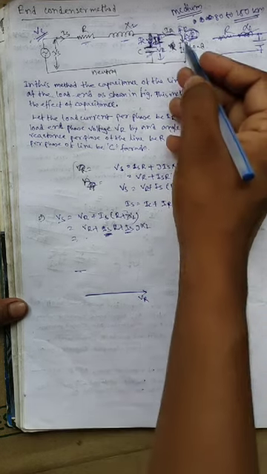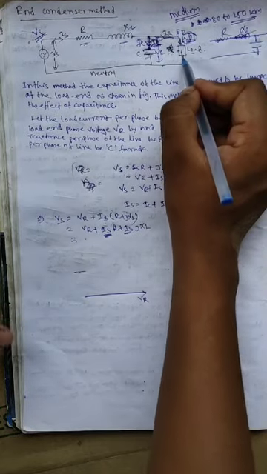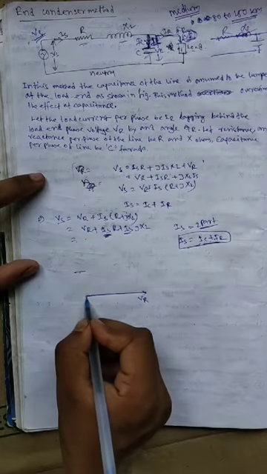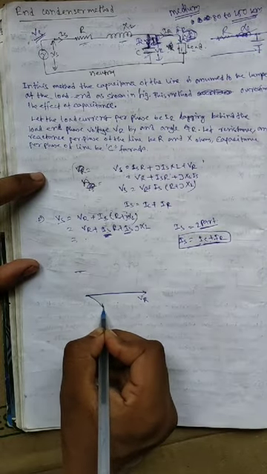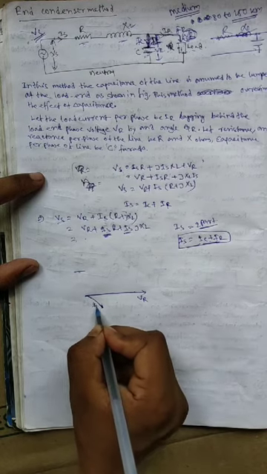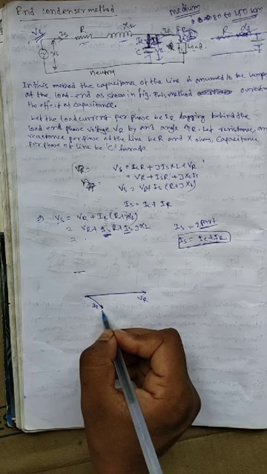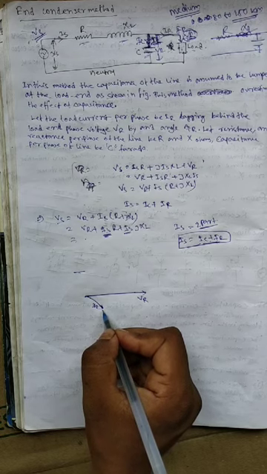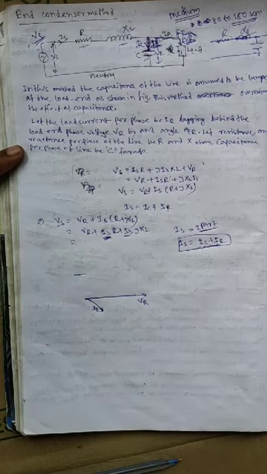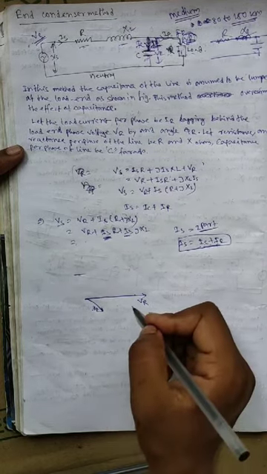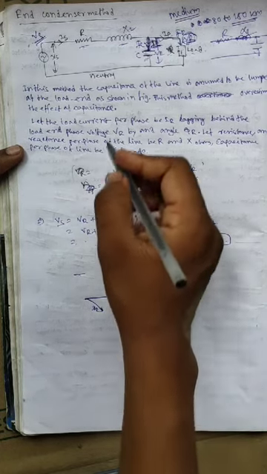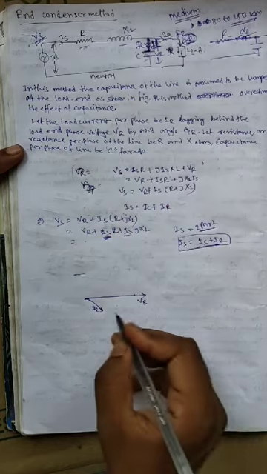If we consider an inductive load, IR is lagging, that means the IR current lags the VR voltage. And IC, the capacitive current across the capacitor, is leading.